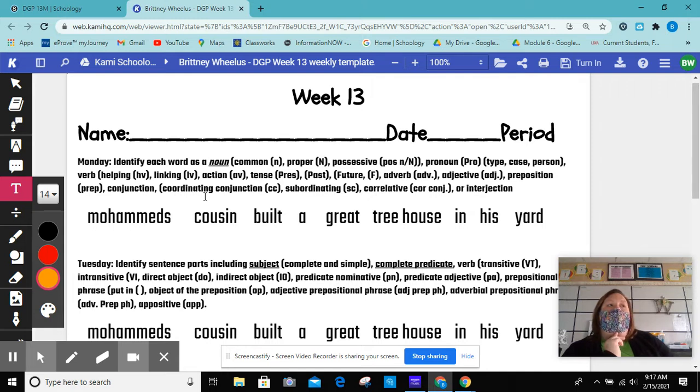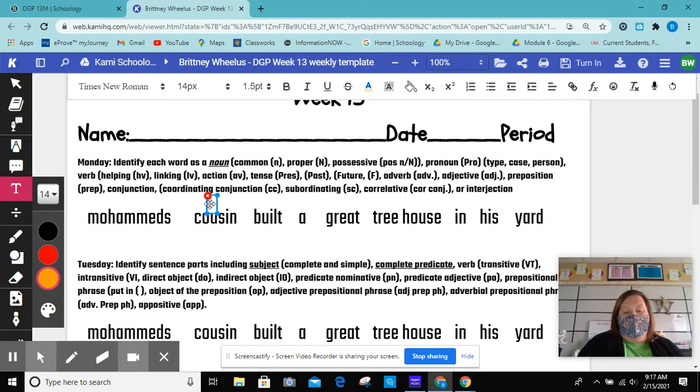All right. Who can list the 3 common nouns for me? Levi. Cousin, treehouse, and yard. Good. So we're going to write or type in a little n above cousin, treehouse, and yard.